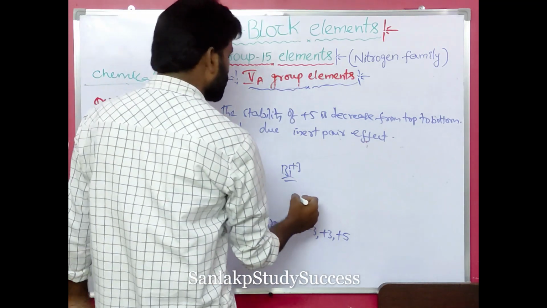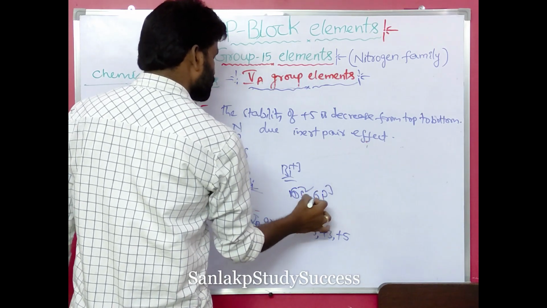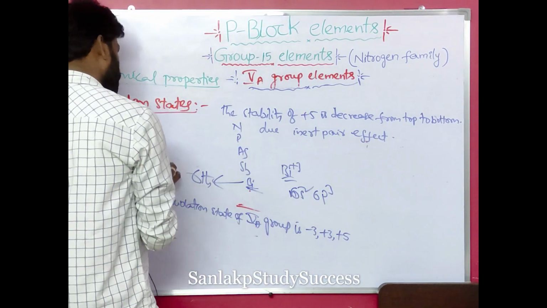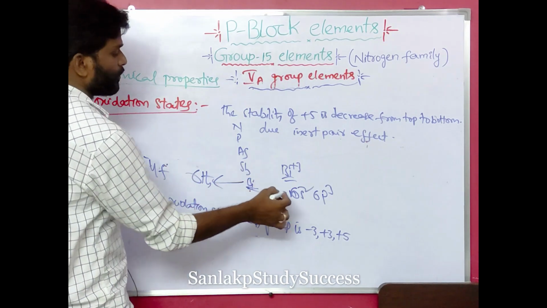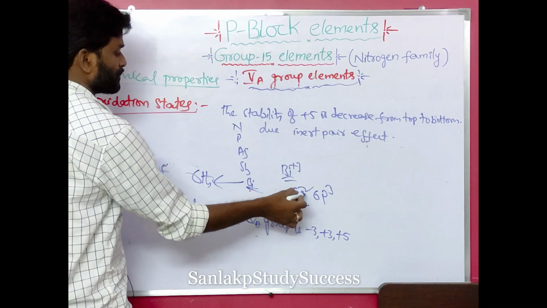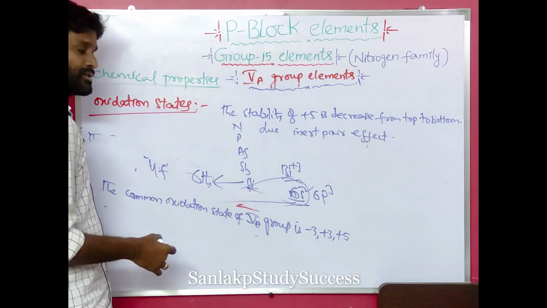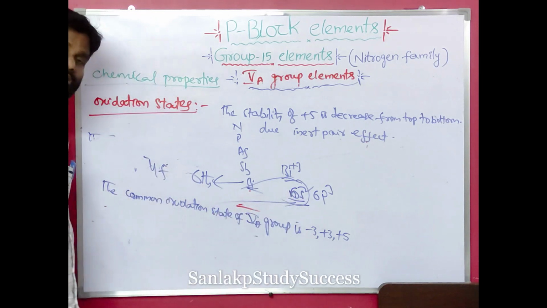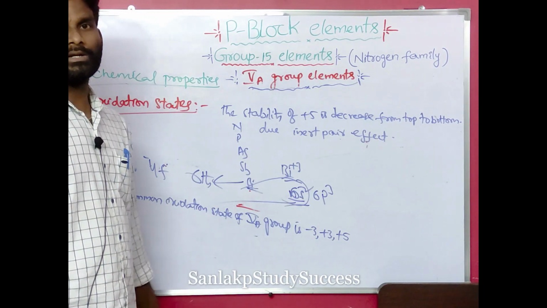Here the outer electrons are 6s2 6p3. So due to poor screening effect of the 4f orbital, there is high nuclear attraction on the outer ns electrons. These electrons are strongly attracted by the nucleus, so the 6s electrons cannot be involved in bond formation. That is said to be inert pair effect.